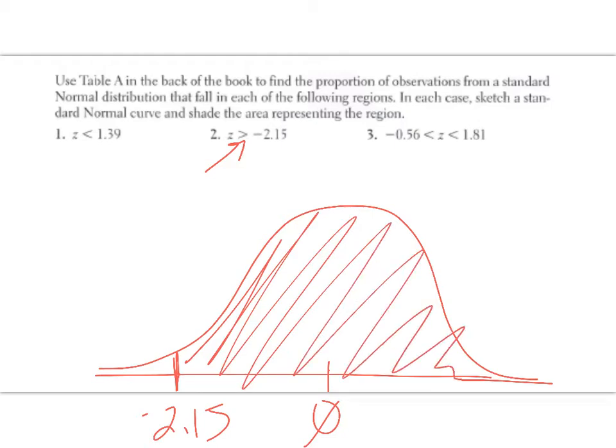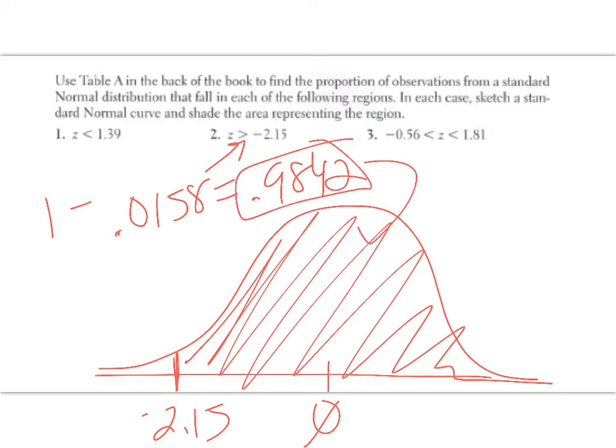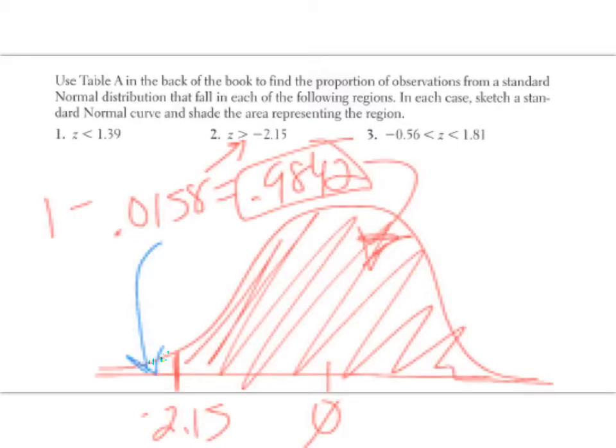When I read my table, my table is going to give me the area to the left, so I'm going to need to do 1 minus 0.0158, which is going to give me 0.9842, which would be this area here to the right. The 0.0158 would be that little area there to the left that we don't want.